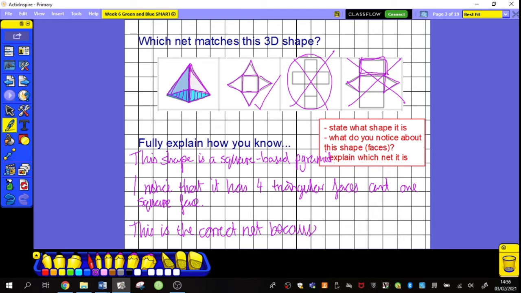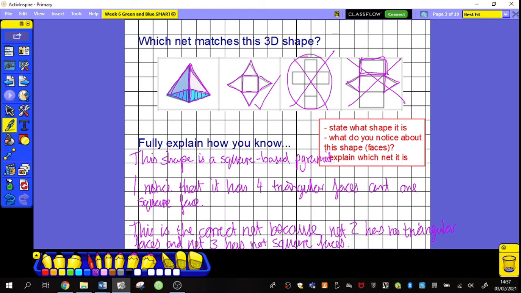because, and sometimes rather than saying why that's the correct one, I could talk about why the other two aren't, because net 2 has no triangular faces, and net 3 has no square faces.